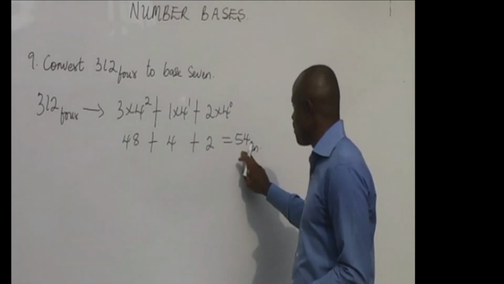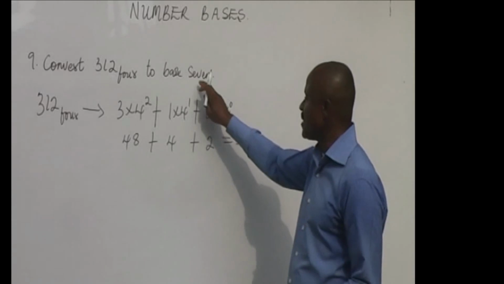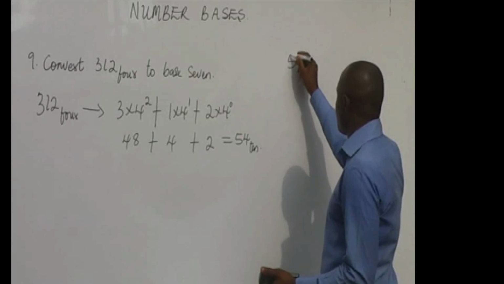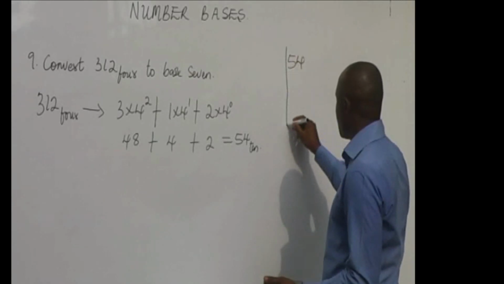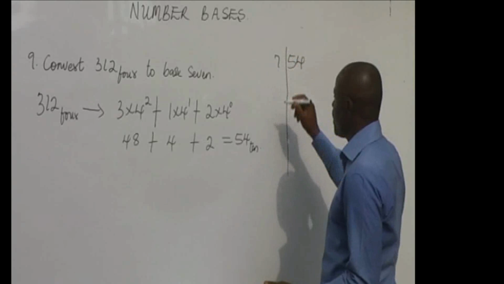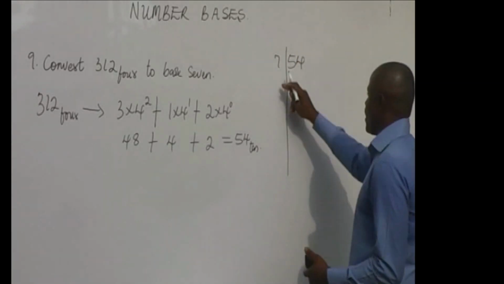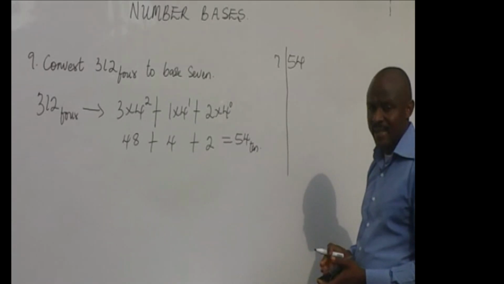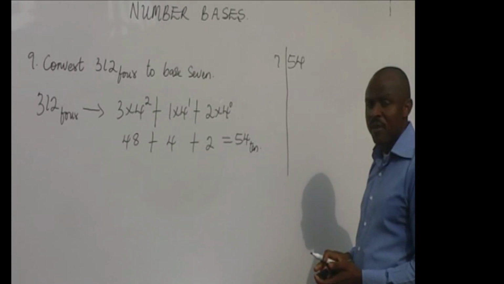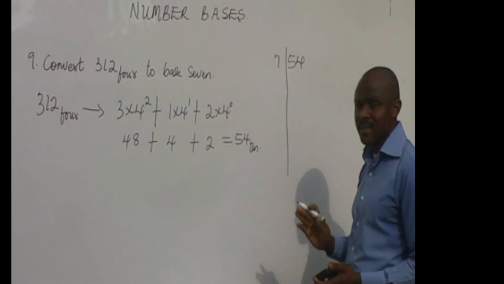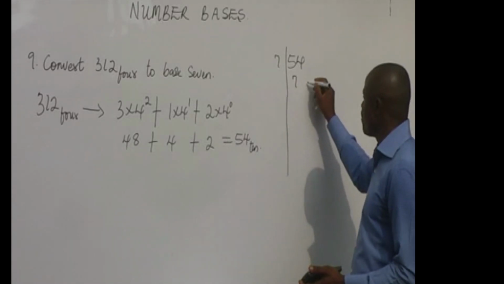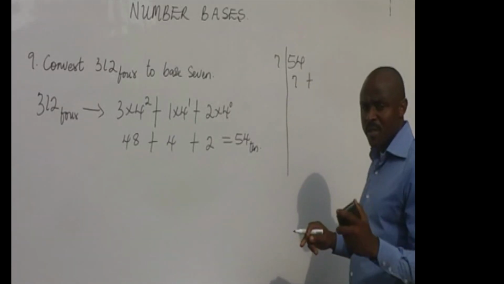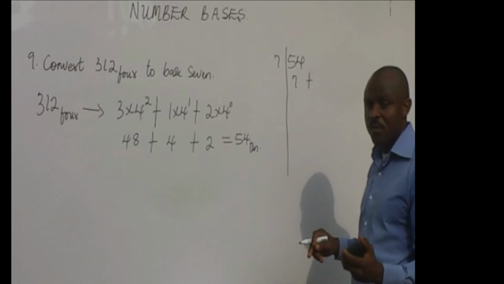Now convert this 54 base 10 to base 7 by progressive division. So we have 54, begin to divide progressively by 7. 7 into 54. 7 times 7 is 49. If you remove 49 from 54, there is no other 7 left. So we have 7 pieces, plus 54 minus 49 is going to give you 5.